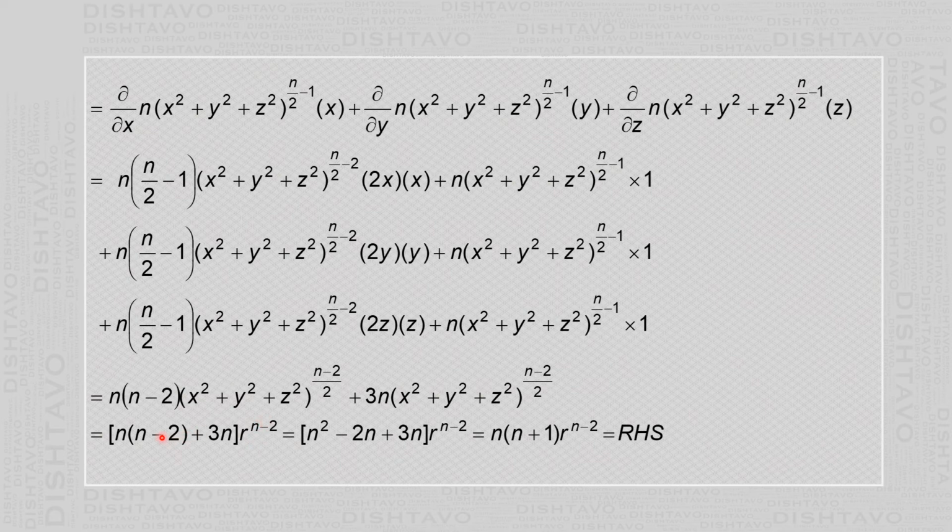Then open this bracket: n into n is n square, then n into 2 is minus 2n, and this is 3n, and minus 2n plus 3n is 1n. So n comes out, and what remains inside is n plus 1 into r raised to n minus 2, which is equal to the right hand side.